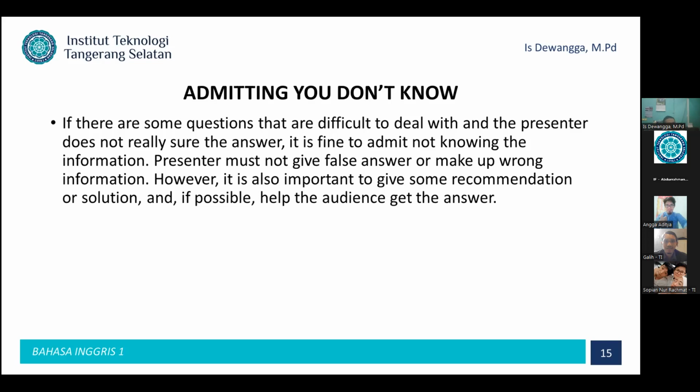Karena tidak semua orang memiliki ahlinya masing-masing. Makanya ketika ada pertanyaan, if there is a question that is not related with your field, with your material, with your subject that you present to the audience, you might avoid them and admit that you do not know the answer.